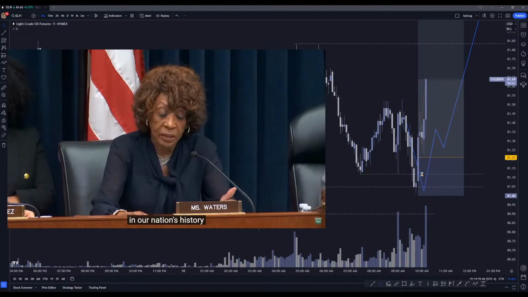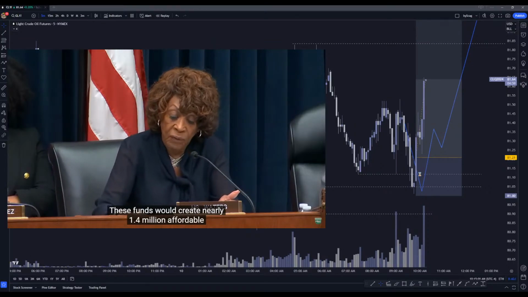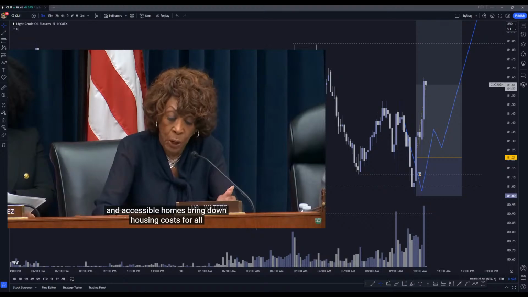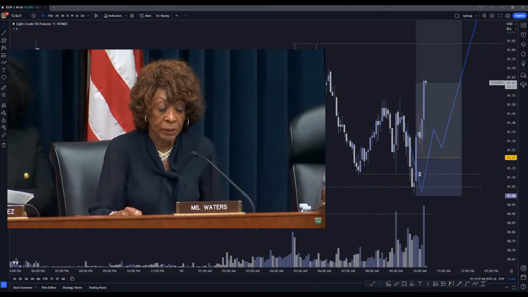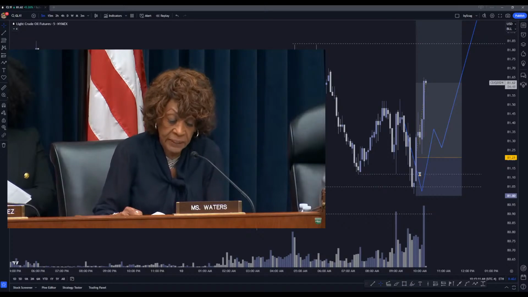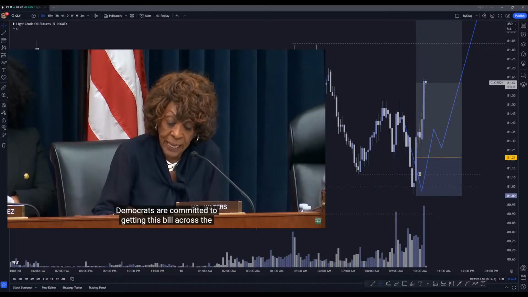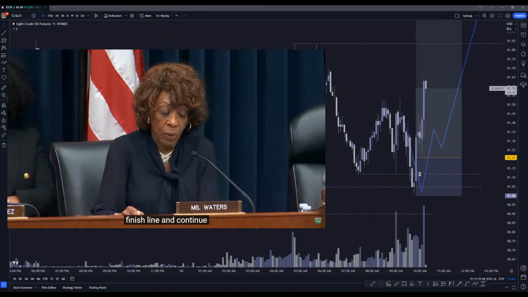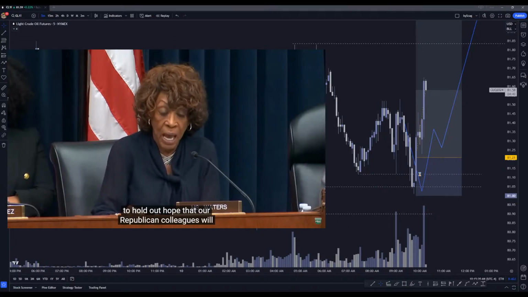These funds would create nearly 1.4 million affordable and accessible homes, bring down housing costs for all, and revive the American dream of home ownership. Committee Democrats are committed to getting this bill across the finish line and continue to hold out hope that our Republican colleagues will finally join us in this effort.